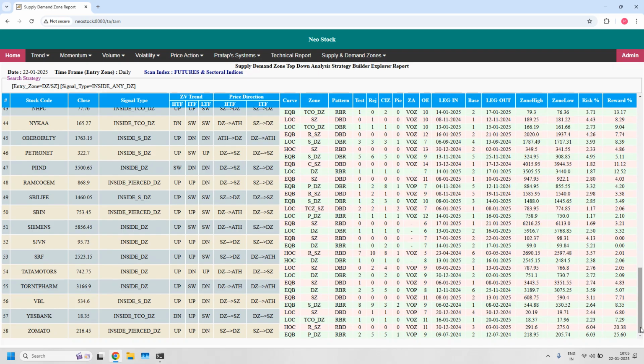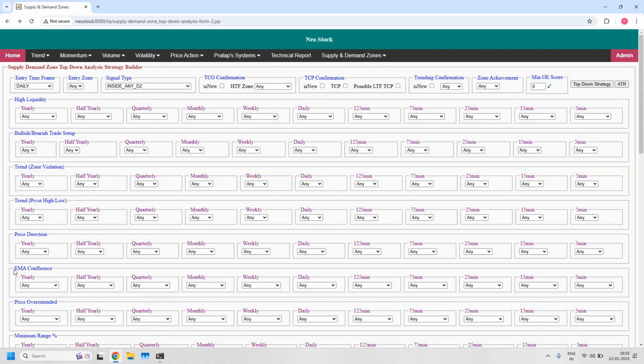Out of these 58, how many daily demand zones are having daily EMA Confluence? Let us verify. In the EMA Confluence filter at a daily time frame, I am setting the filter daily demand zone having daily EMA Confluence. And a trend on daily time frame, I am setting up or down.